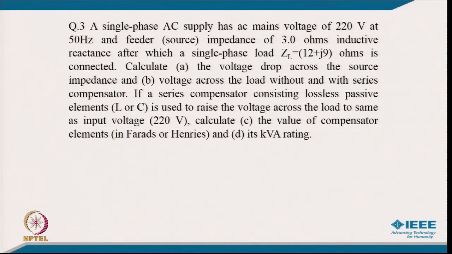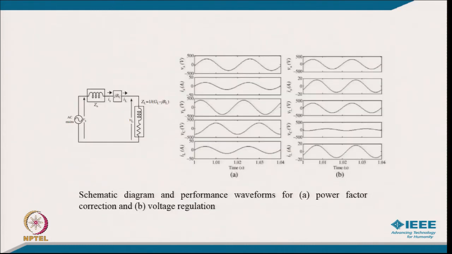Calculate the voltage drop across the source impedance, the voltage drop across the load with series compensator, and if this lossless series compensator is used to raise the voltage across the load to the same voltage, calculate the voltage and kVAr rating. Well, in this case we will be connecting the compensator in series with the source impedance, after which the load is connected, and you can see the typical waveforms for both the cases, power factor correction and voltage regulation.